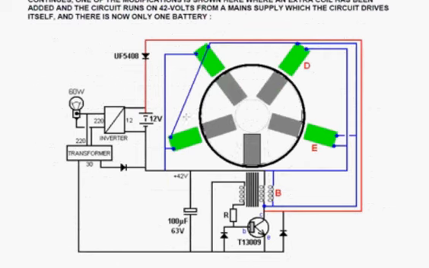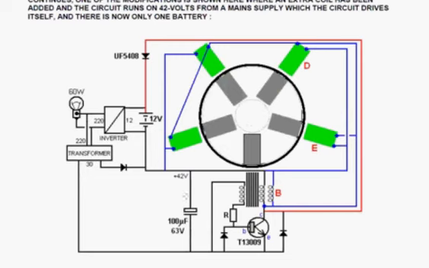He's got a central rotor with 5 magnets in, and he's got 5 coils around the outside. He's only using 1 battery. Initially, that 1 battery powers the inverter, gives you 220 volts, and powers a 60-watt bulb. He also powers a mains step-down transformer, known as a power supply unit.